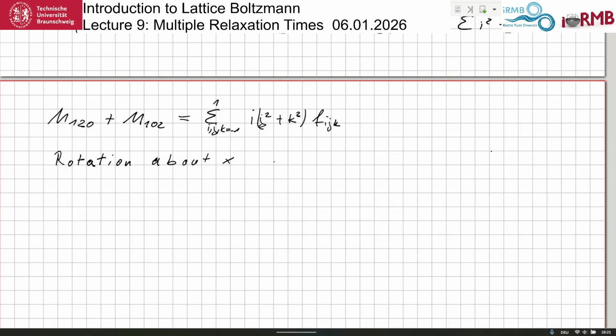So when we rotate about x, then IR, because I is the one for x, will just remain being x, and JR will become J cosine alpha minus K sine alpha, and K, when rotated, will become J sine alpha plus K cosine alpha.